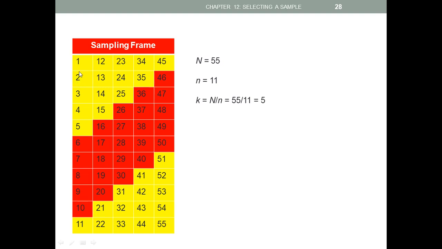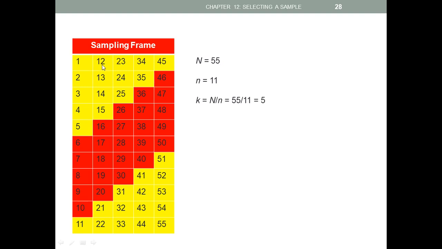2 now is added with 5 because the skip interval is 5. So number 7 is going to be the second respondent. 7 plus 5 is 12.